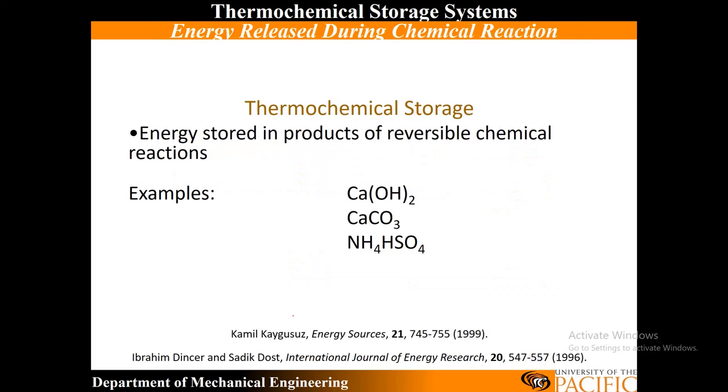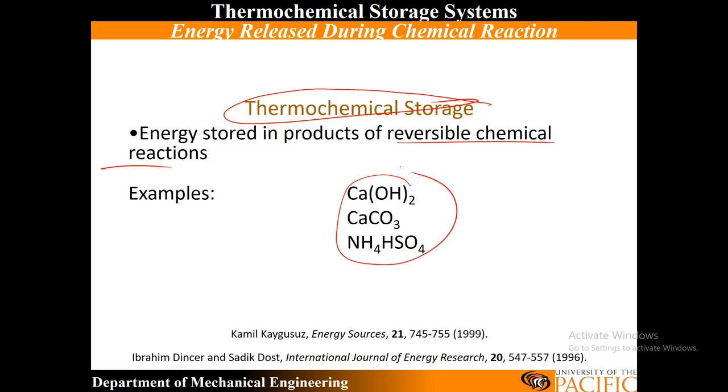Thermochemical storage utilizes reversible chemical reactions. You can see some examples here. But again, it's a little bit more complicated. Whenever you're dealing with chemical reactions, there are reactants and products and rate constants, et cetera. So it's not as attractive.